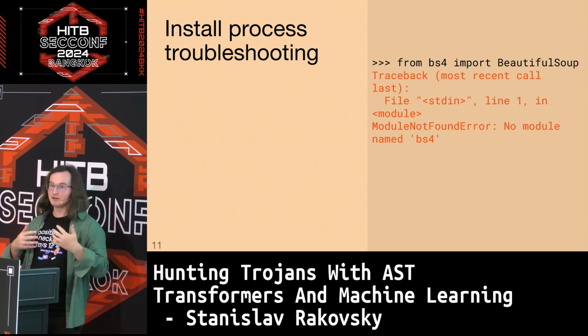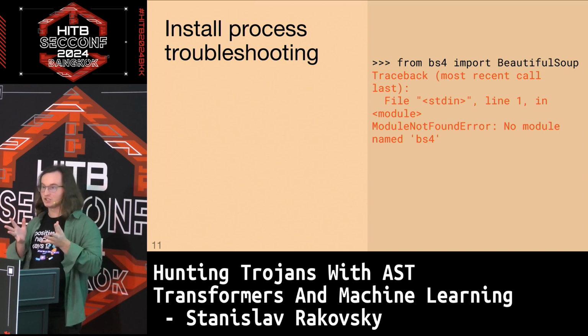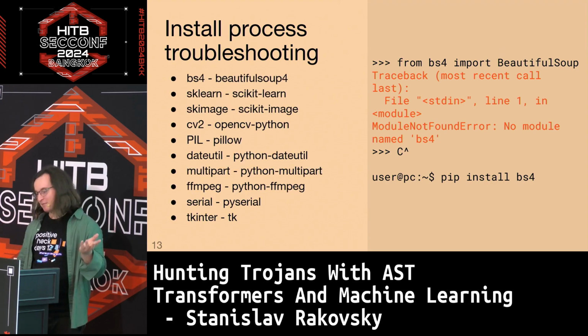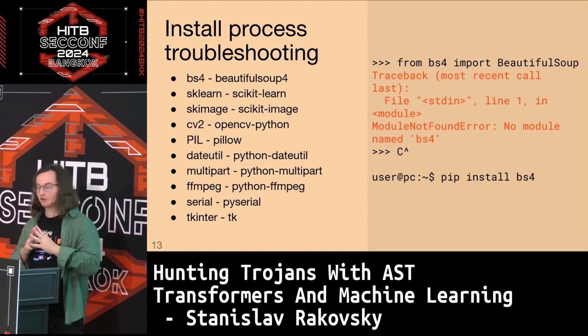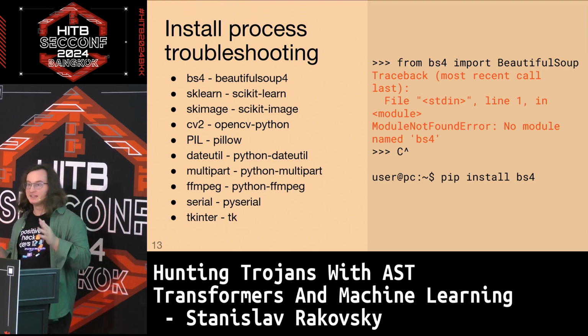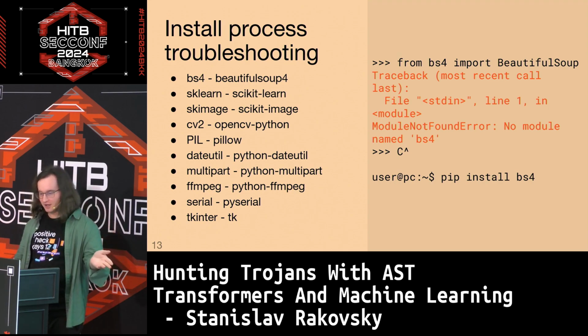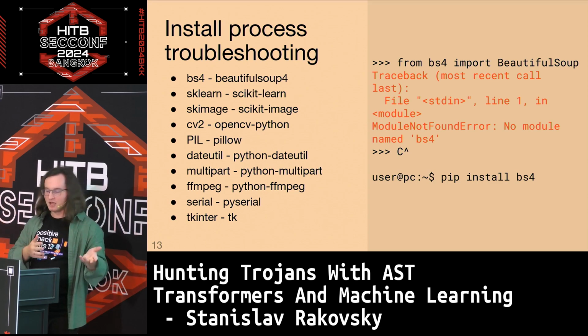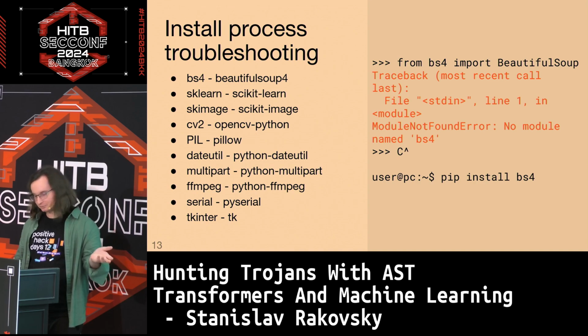And as every one of us, the second action we usually take is trying to install it. But we have a set of libraries that have distinct installation and import names. For example, Beautiful Soup 4 has the import name BS4, scikit-learn is sklearn, and pillow. You probably know about PIL.